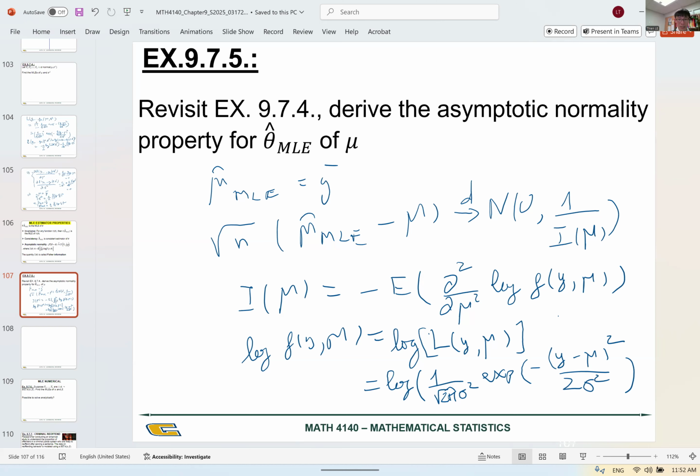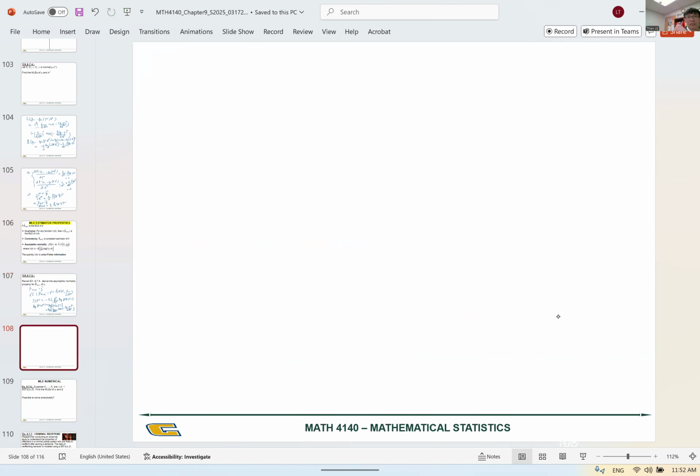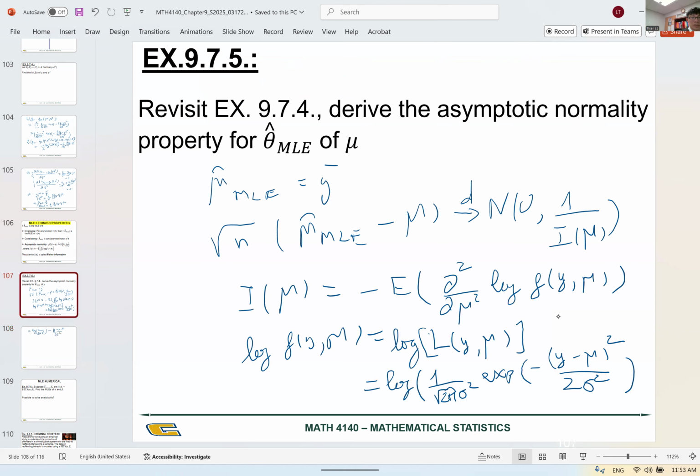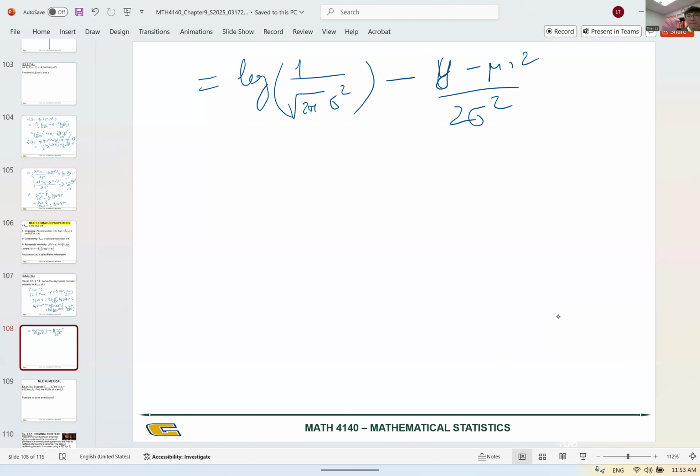The log here you can take out, log of 2 pi sigma squared, and the exponential you just throw away, no more exponential because you took the log.